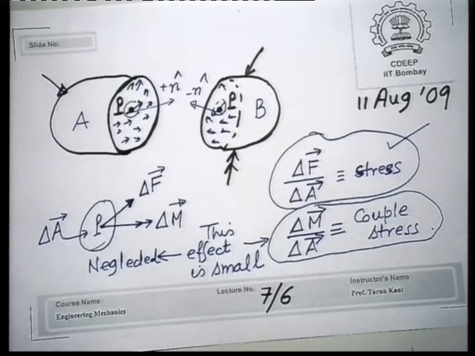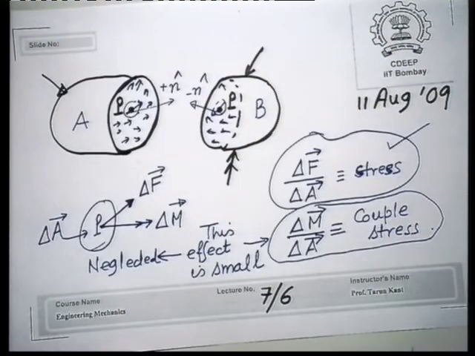not on the force. Force could be the same, but the orientation of the plane matters, because force will depend upon other considerations, like what the external forces are which are keeping the body in equilibrium. But this orientation of the plane is what is mattering.